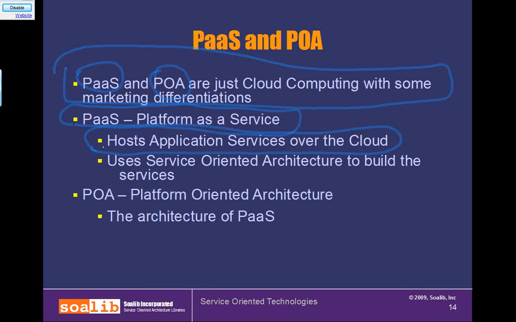These are already provided by the data center, which is the PaaS, platform as a service. What we are saying is the platform includes both hardware and software, and we are offering that in addition to our own software. So all we need is to provide our own software to PaaS.